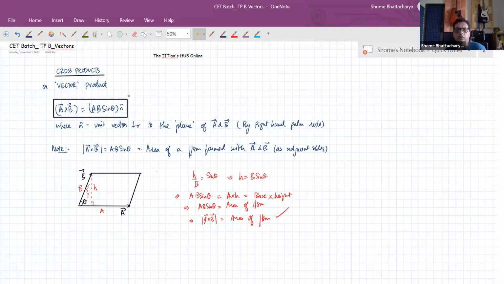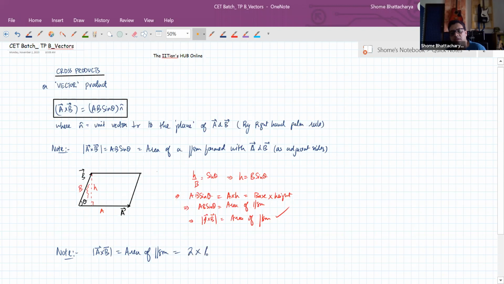So another important point here is that you can also write the magnitude of A cross B equal to the area of the parallelogram, which equals 2 times the area of a triangle with A and B as adjacent sides.